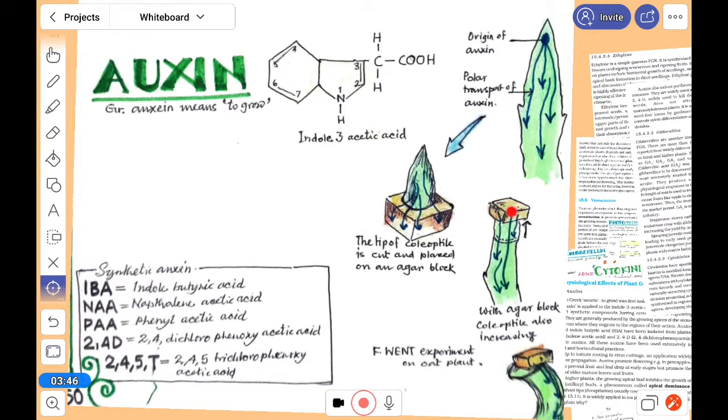If we keep this agar block instead of the tip, we can see that the shoot part will grow. It means again it will go by polar transport. If we place it in such a way that one area grows, it will bend like this. So from this experiment we can understand it is for growth, number one, and it goes downwards and all over the body.